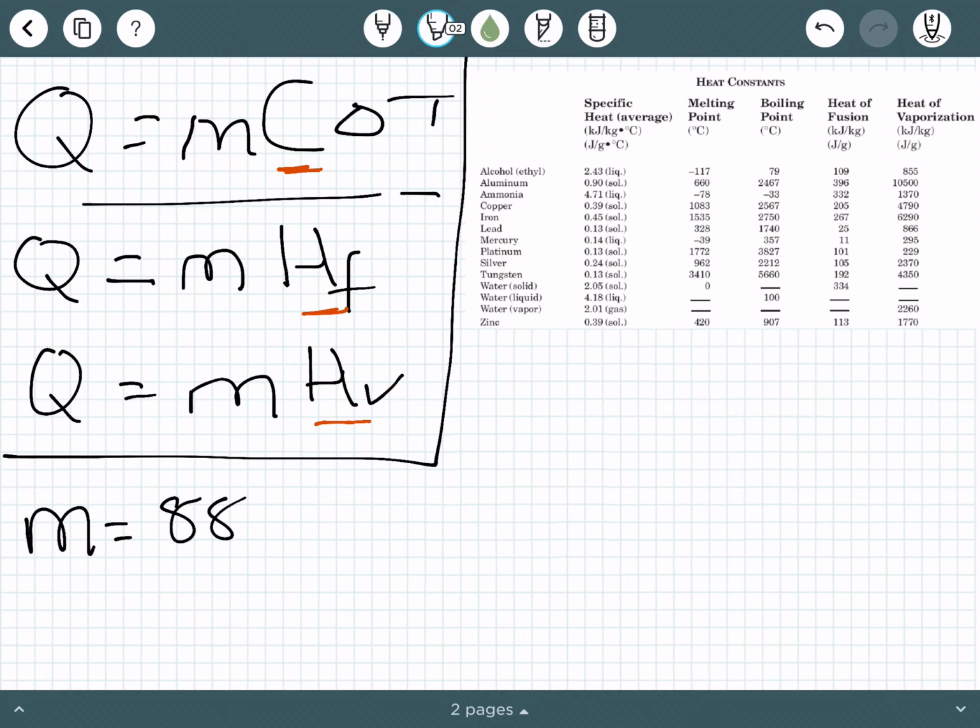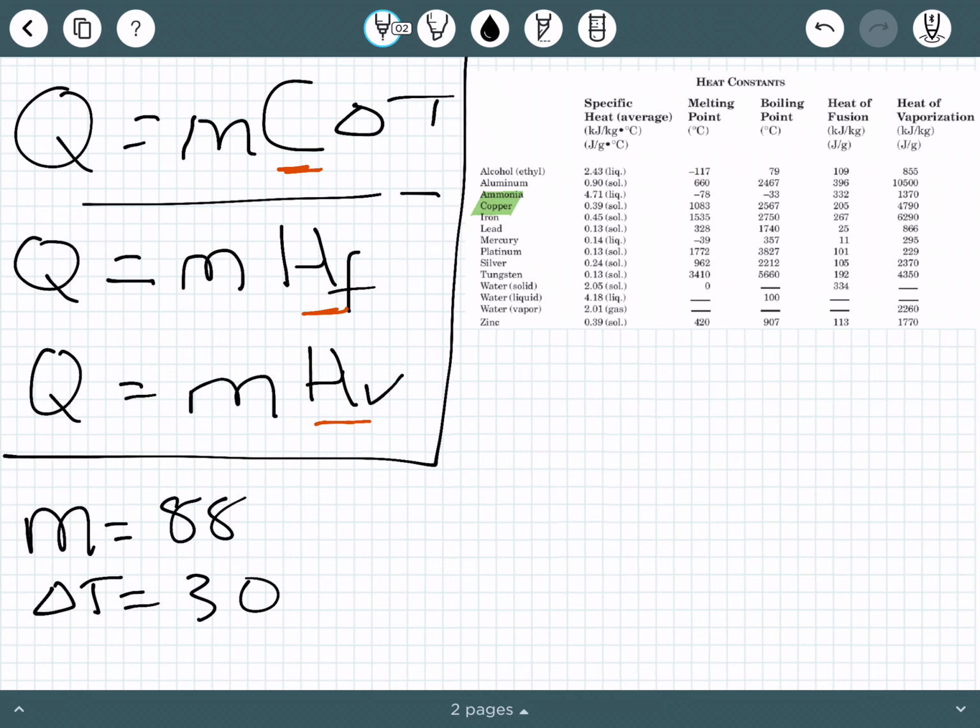I'll help you with copper. 88 grams of copper, and I want to change that 30 degrees. How much energy does that take to change 88 grams of copper 30 degrees?